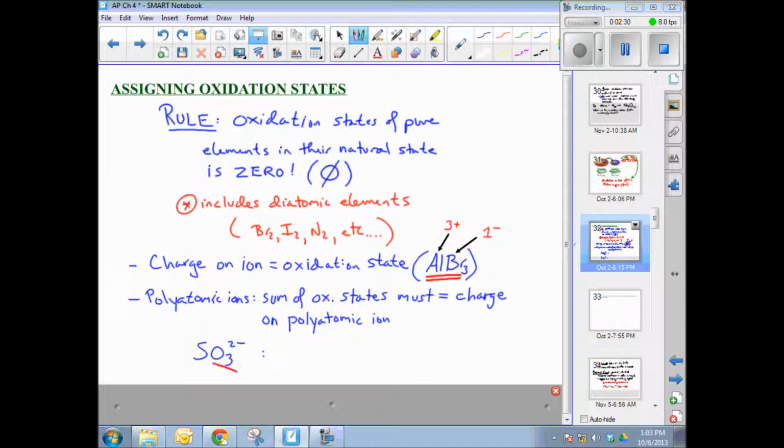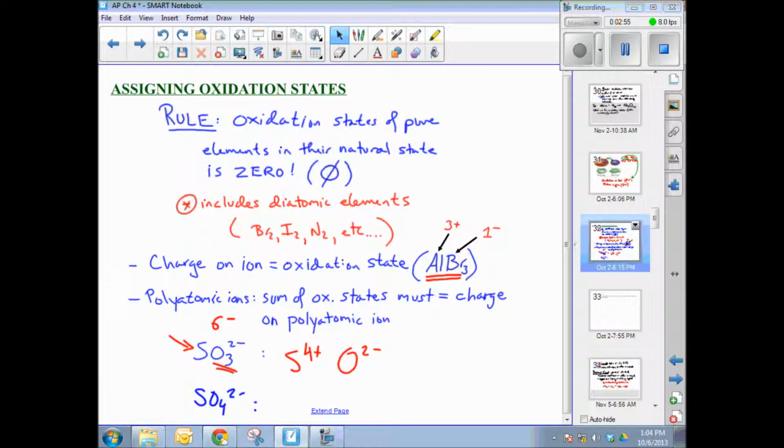And there are 3 of them here. So if you've got 3 2- from oxygen, you're contributing 6- charges. But overall, that sulfite polyatomic ion has only a 2-. That means 4 of those 6- are being eaten up by something positive, which is the sulfur. So sulfur has an oxidation state of 4+, oxygen is an oxidation state of 2-.